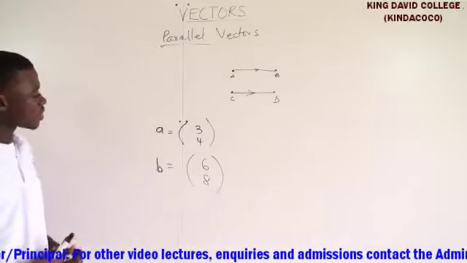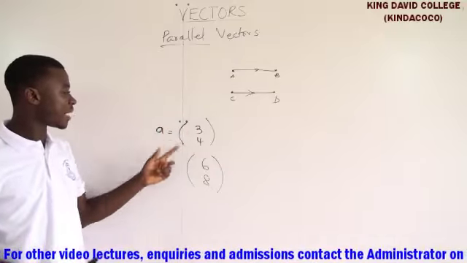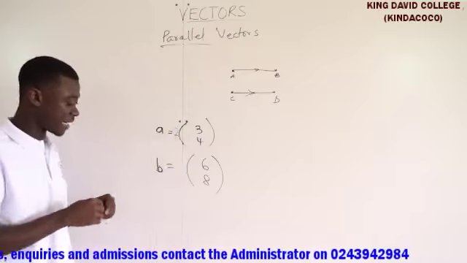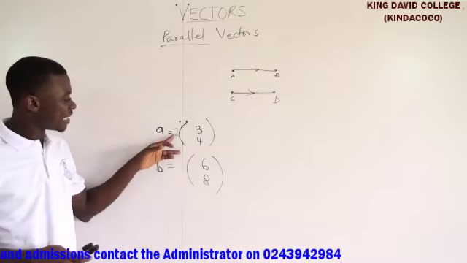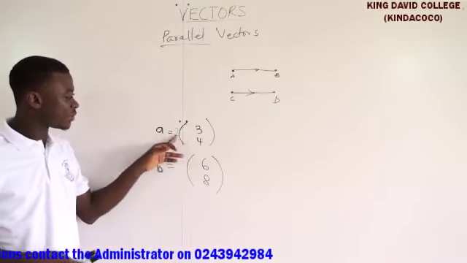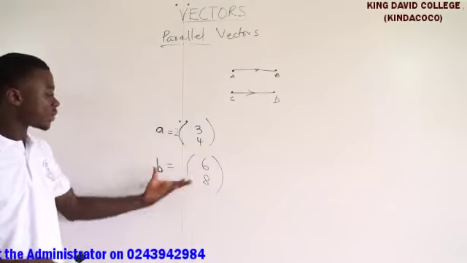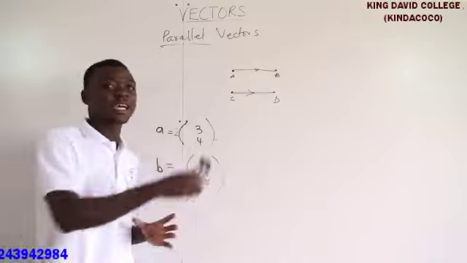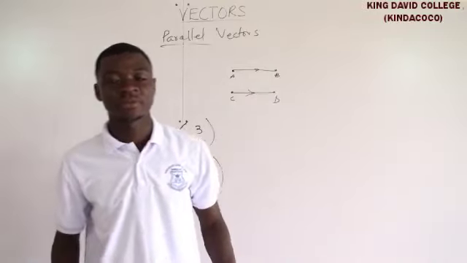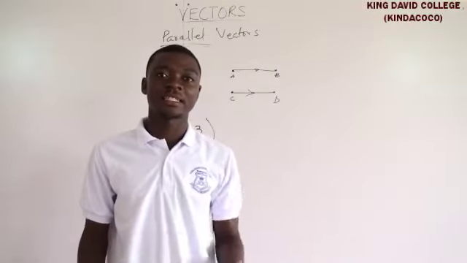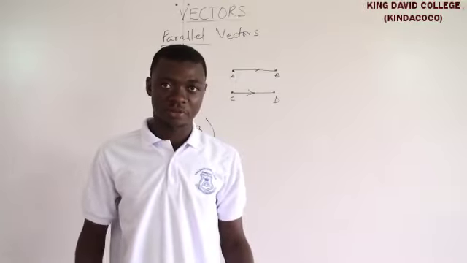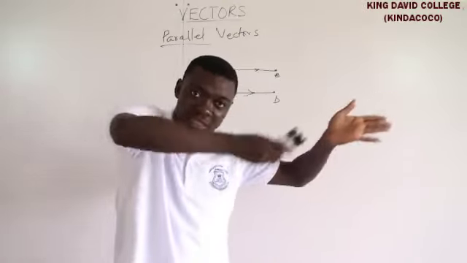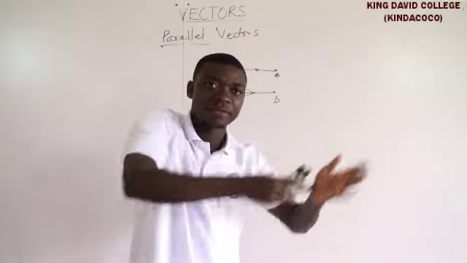Why? Because when you use a scalar, say 2, to multiply this, 2 times 3 will be 6 and 2 times 4 is going to be 8. If I plot these two, one will lie on top of the other, but the way they are lying will never change. They are going the same direction on the same line.